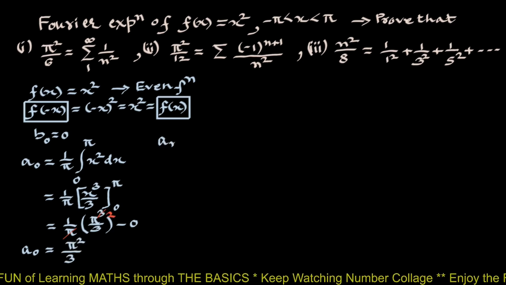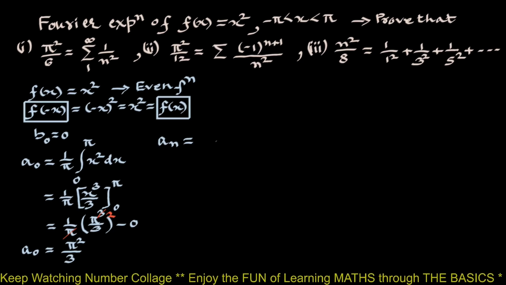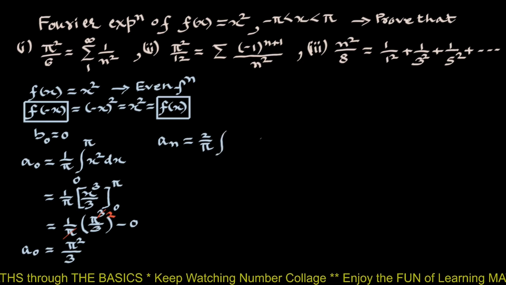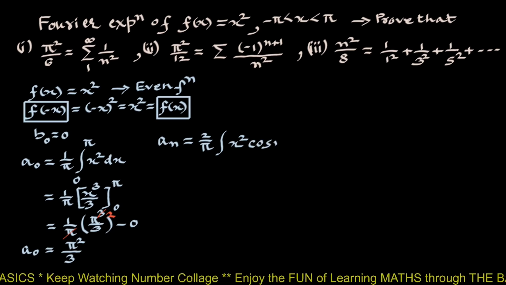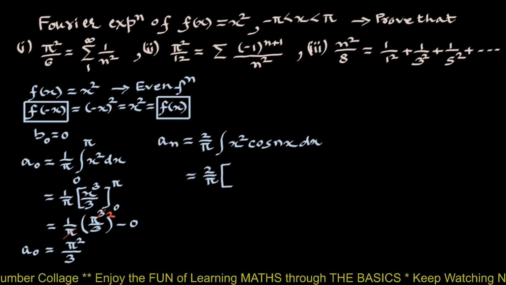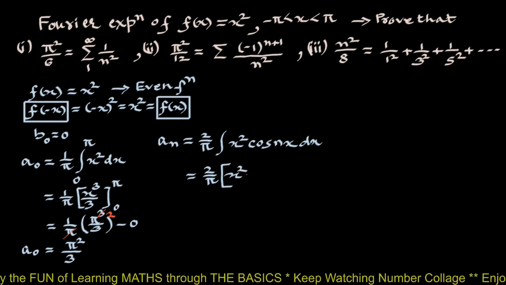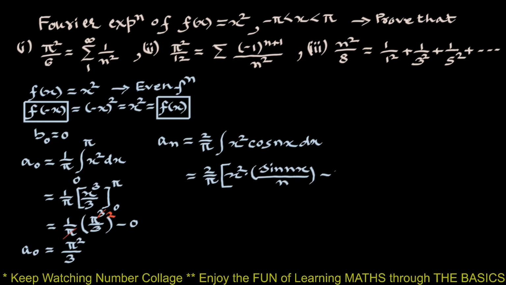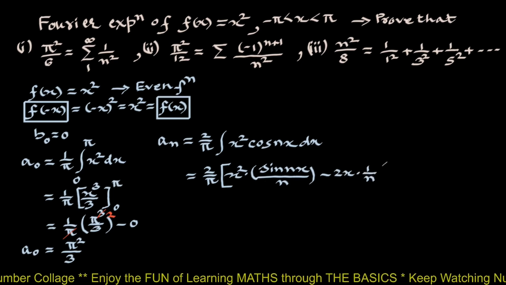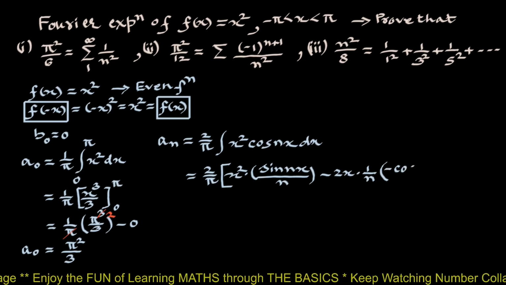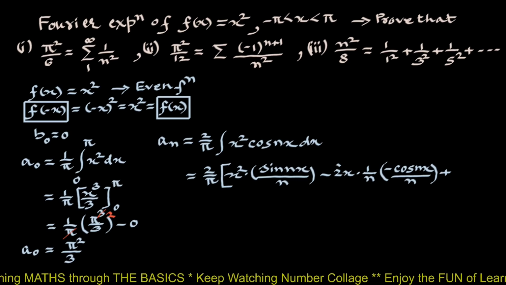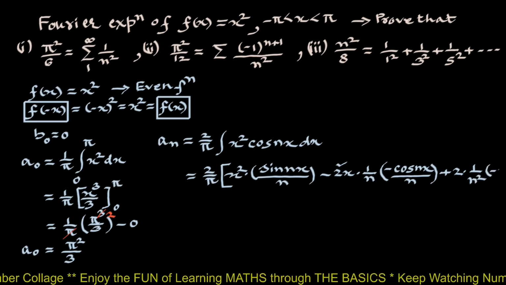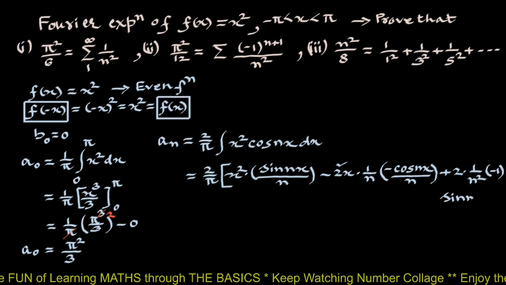Next we find an, which is, according to what we have seen earlier, 2 upon pi, because x square is an even function, integral f(x) cos nx, that is x square cos nx dx. 2 upon pi into, by using the generalized rule of integration by parts, x square into integration of cos nx, sin nx upon n, minus derivative of x square, 2x, into this 1 upon n and integration of sin nx, minus cos nx upon n, plus derivative of 2x, 2, into 1 upon n into 1 upon n, 1 upon n square into minus 1 into integration of cos nx, sin nx upon n.